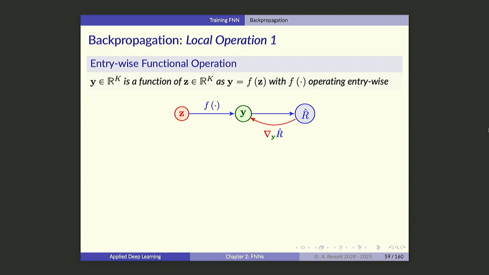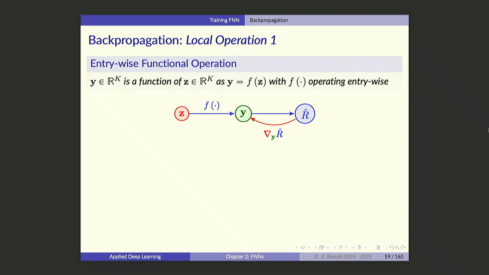Now, what I do know is that this y is given by another variable z. So y is a vector, z is a vector as well. y has k different entries. z has also k different entries. And every single entry in y is computed by one function from the corresponding entry in z.